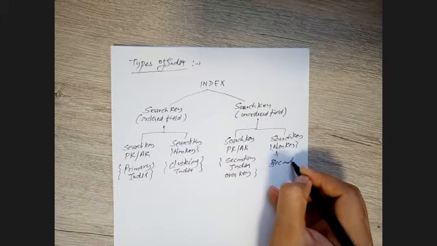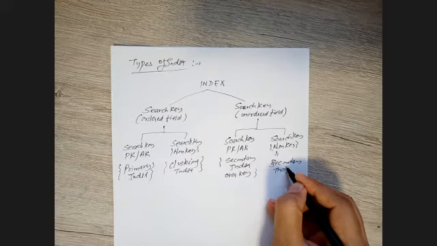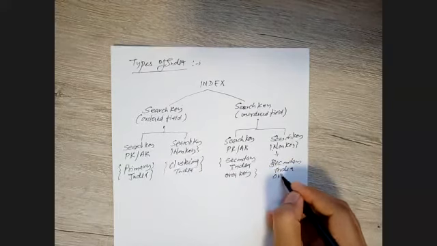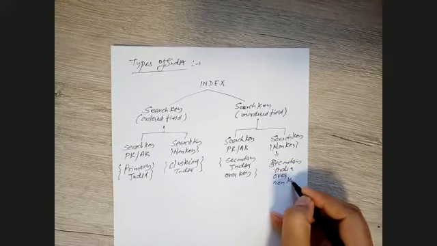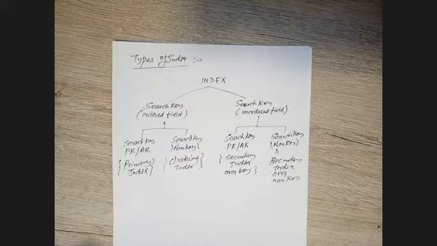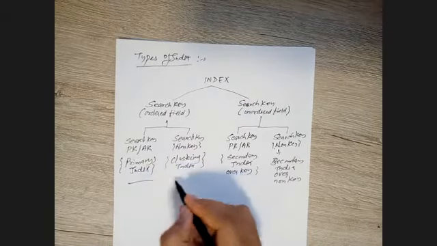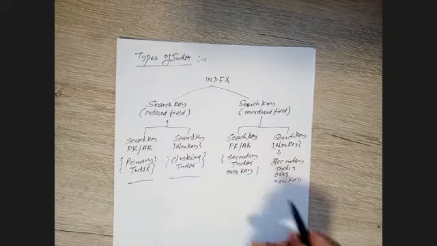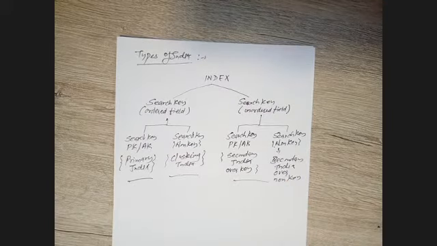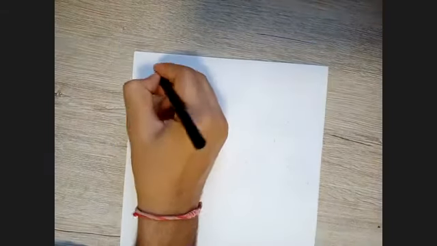Remember, we say secondary index over non-key, right? So anyhow, we have three different types of indexing: primary index, clustering index, and secondary index. We will see all three one by one and what the basic difference between them is. Let's first start with primary index.